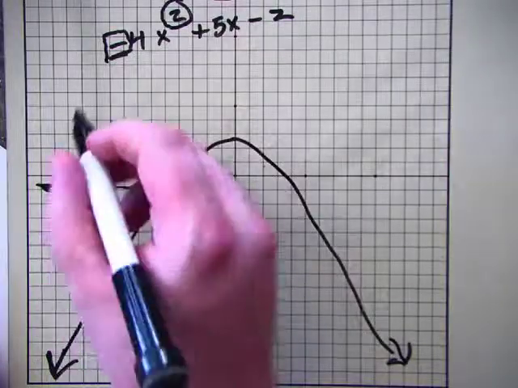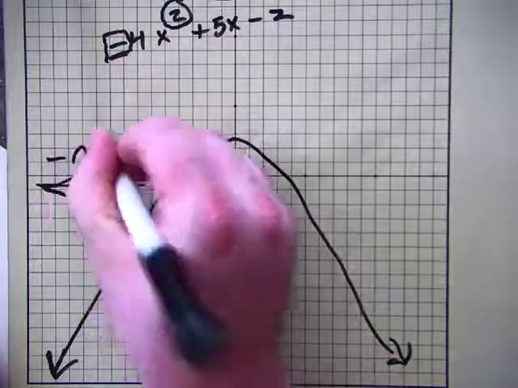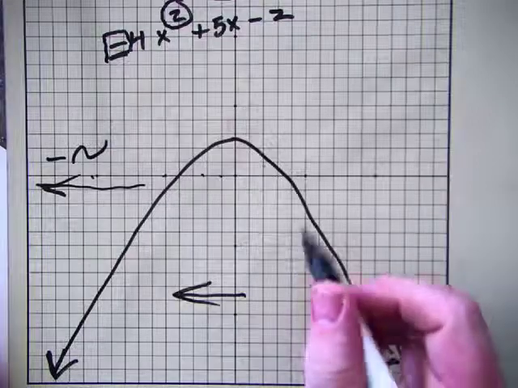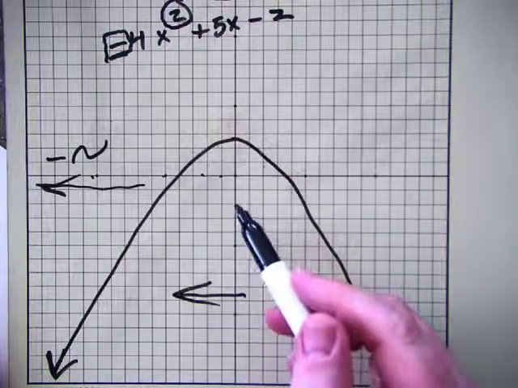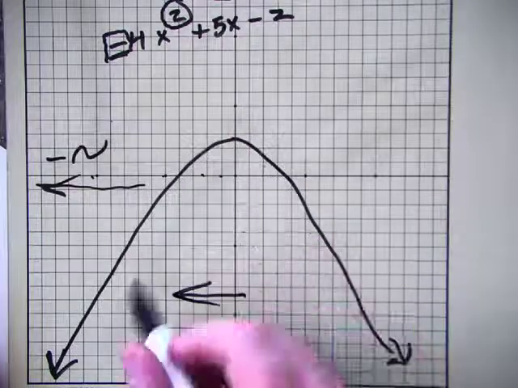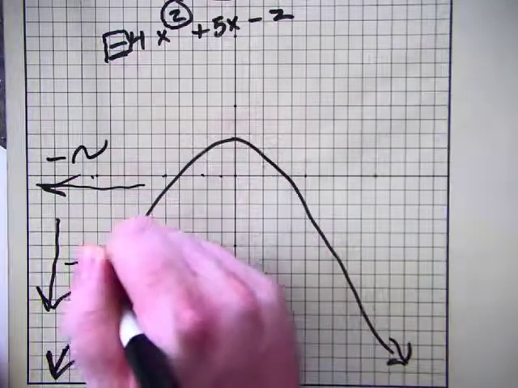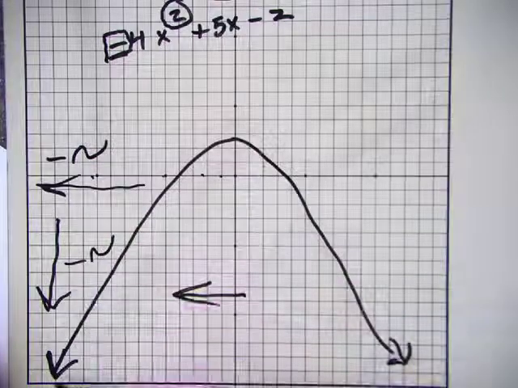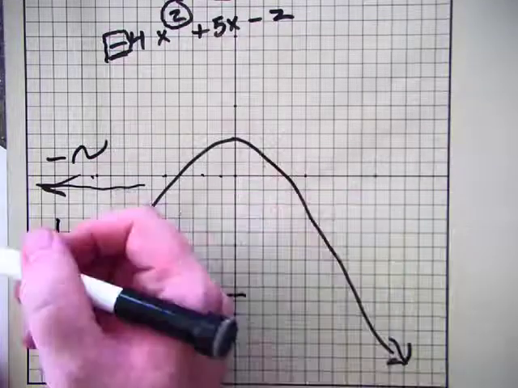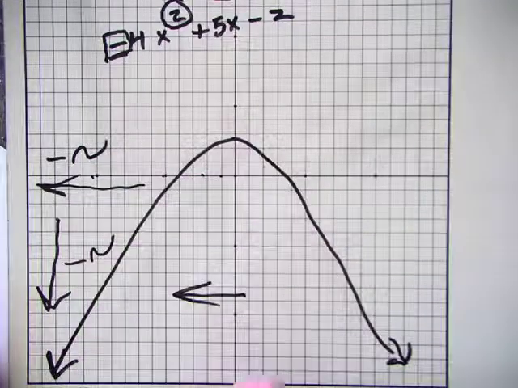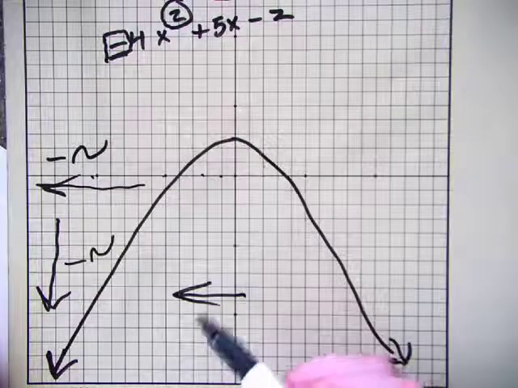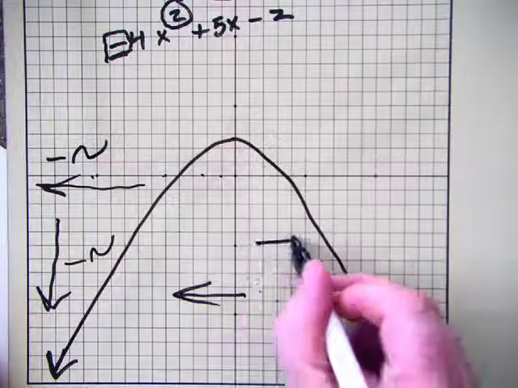So as it gets closer to -infinity, f of x is going to get closer to -infinity. See how it's just going down negative? So the farther negative it goes, the farther negative y goes. Now let's look at this direction, the right.